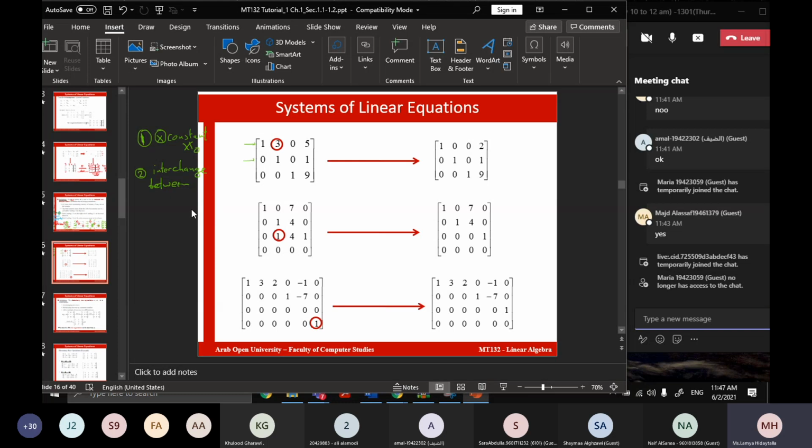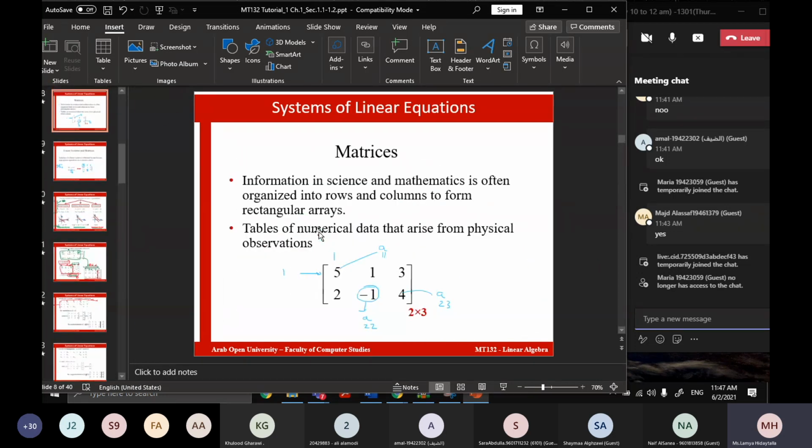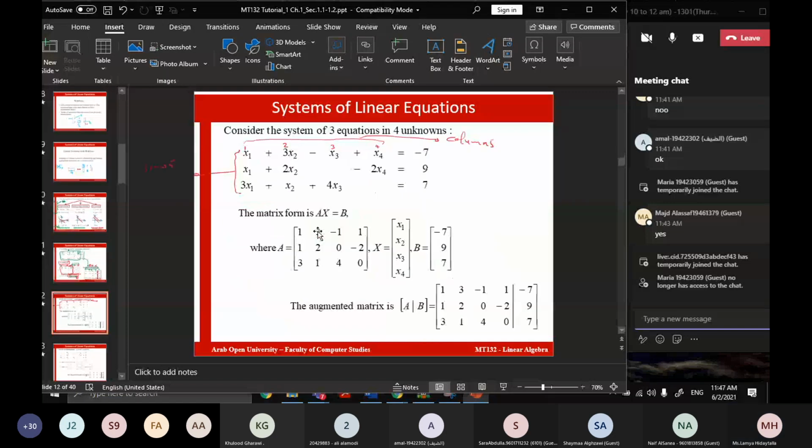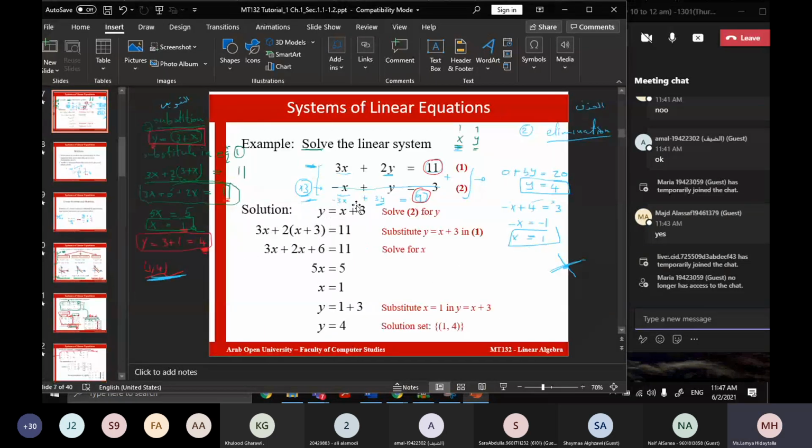At the beginning of the class, I told you that if I put one equation in the place of the other, it will not give me new information, correct? If I took this equation and put it on top of this one, it's the same system. Whether I draw this line first or that one, I'll get the same answer, correct? So I can always interchange between the rows.